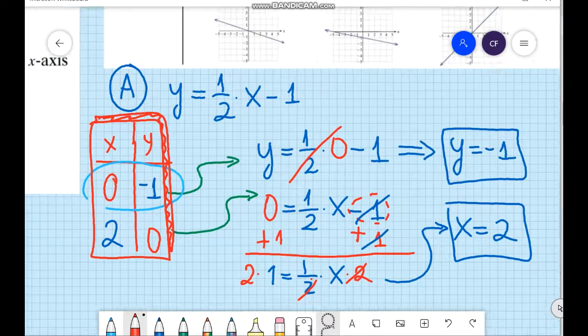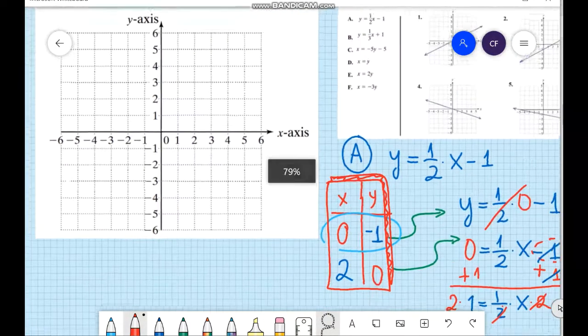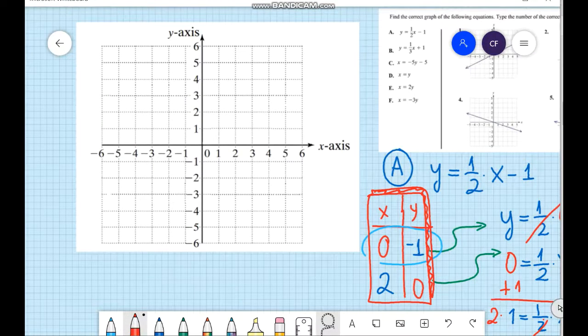Now let's go to the graph. We have the table here. Let's apply the table on the graph. The first point, x equals 0, y equals -1.